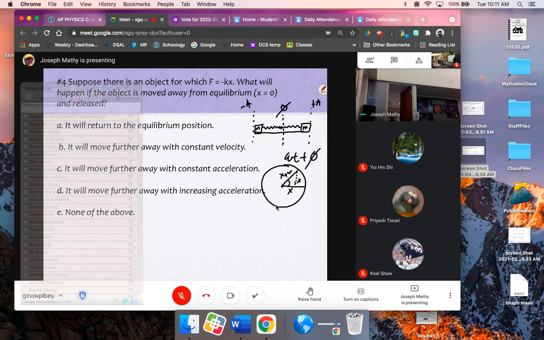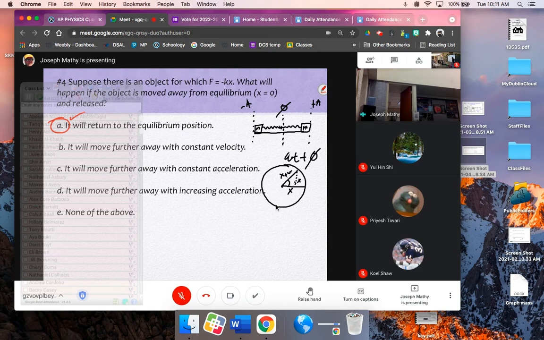Ben likes to put that it will return to the equilibrium position. What will happen is, move away from equilibrium and released, it will return to the equilibrium position. That is a true statement as written, but won't it move farther away with constant velocity?